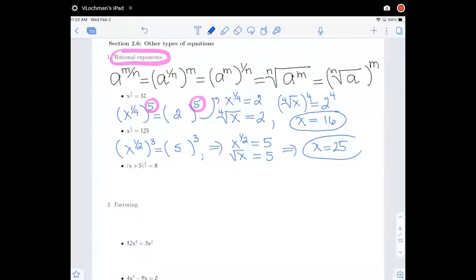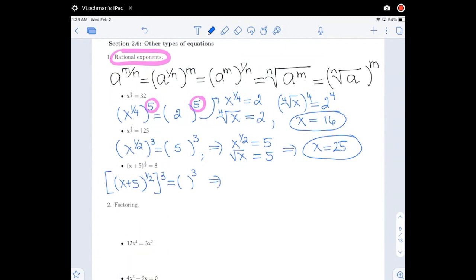Last one. Here I have something else inside that parenthesis. That's no problem. We deal with it exactly the same way. So x plus 5 raised to 1/2, and then also raised to the third power. What about this quantity? What do we raise to the third power to get 8?